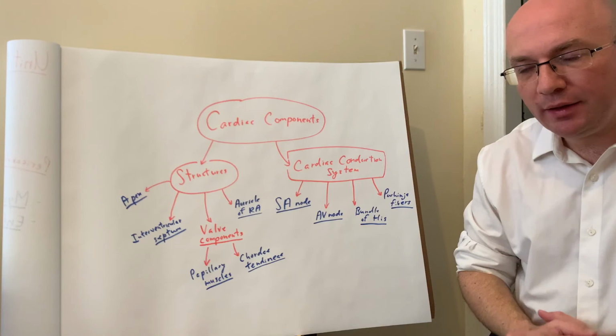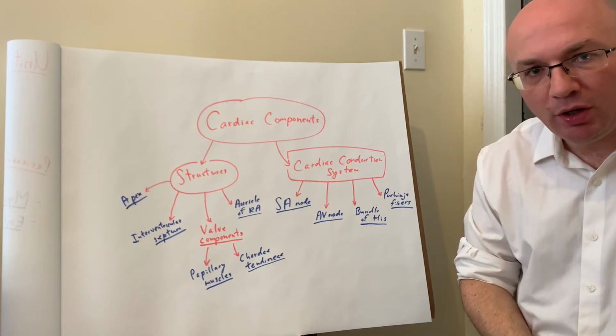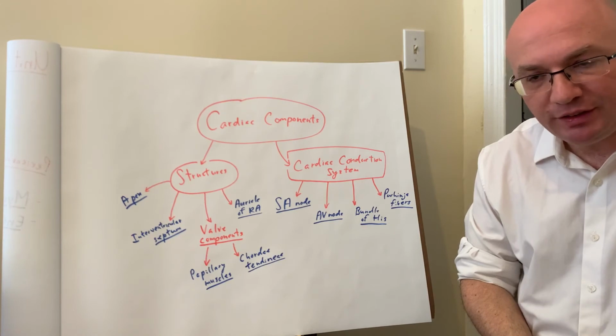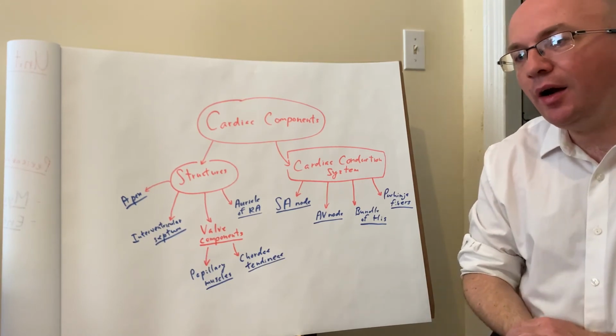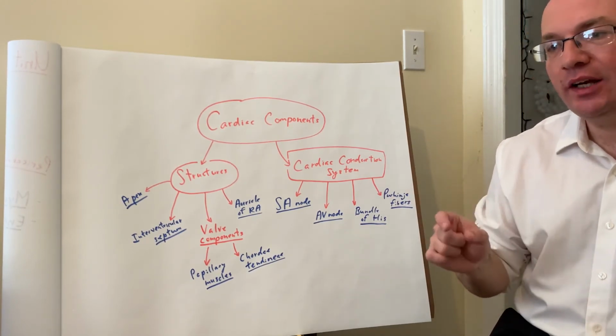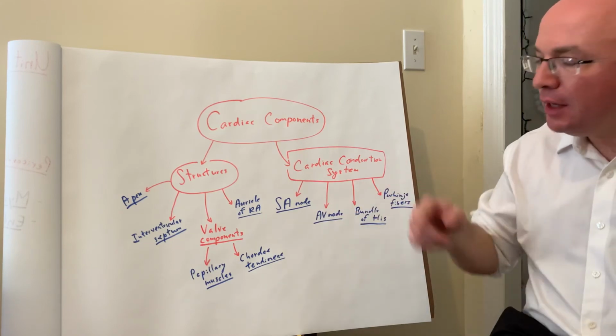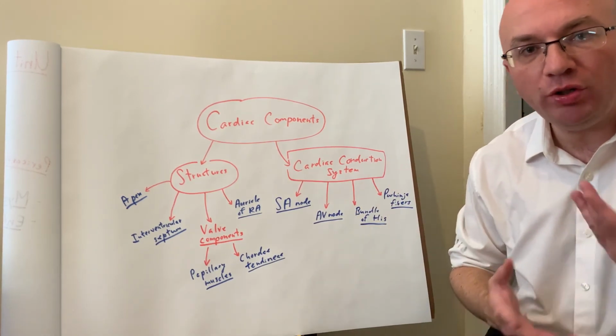Now, we know that the normal sinus rhythm of the heart is on average around 70 beats per minute, when you're checking someone's pulse. And so how is that rhythm set? Well, there are 4 separate areas within the cardiac conduction system. In order to evaluate these, you would do an EKG or electrocardiogram.